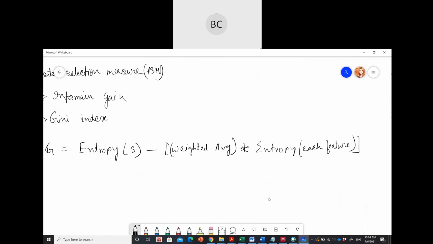Entropy is a metric to measure the impurity in a given attribute.